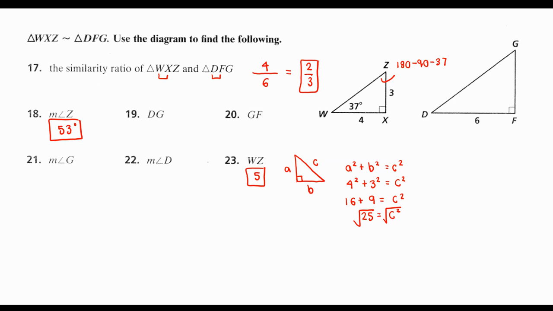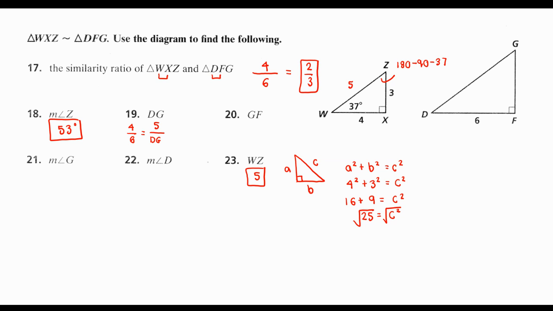All right. So now because I know that that is a length of 5, we can go back to this problem number 19. We can find DG because once again, I know that my 4/6 ratio is going to equal DG, which is what we want to find. That has to go on the bottom because that's the second triangle. The first triangle, that side's now corresponding to 5. So here's my ratio.